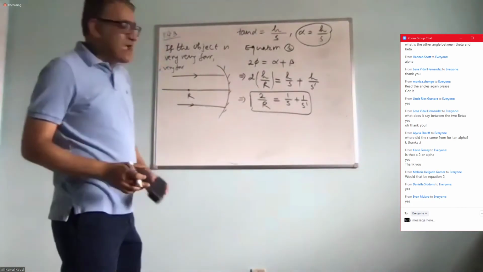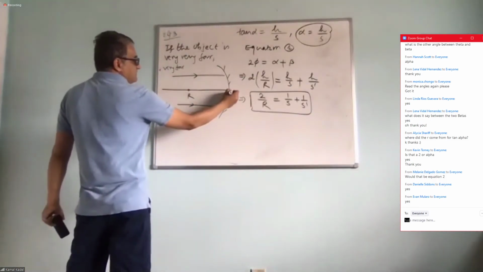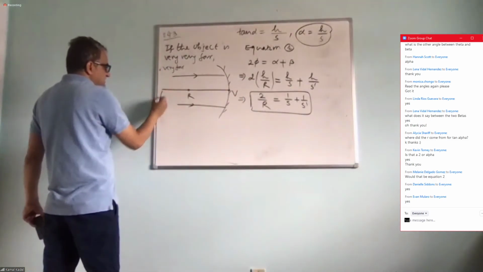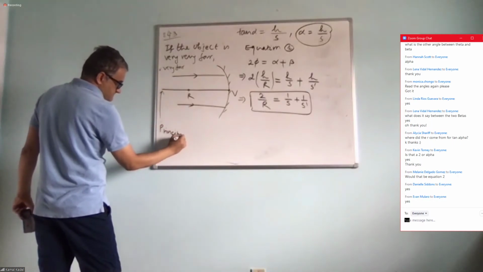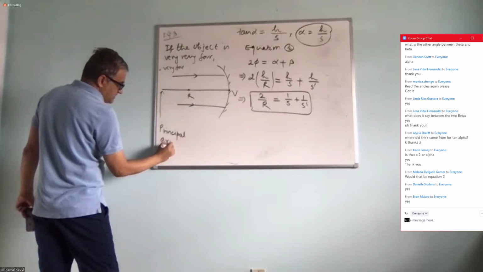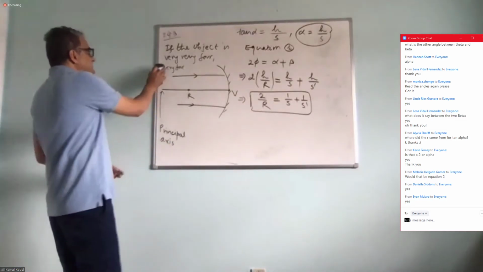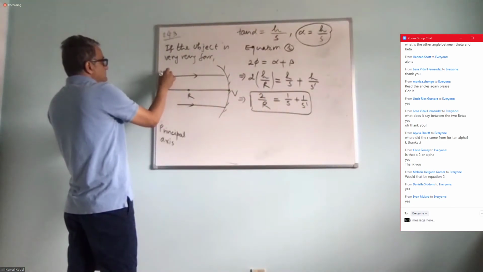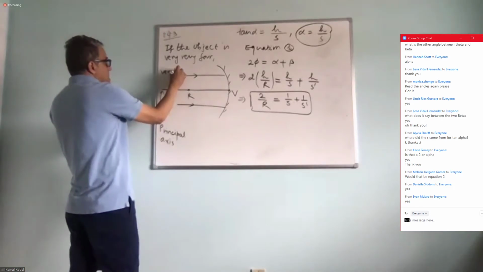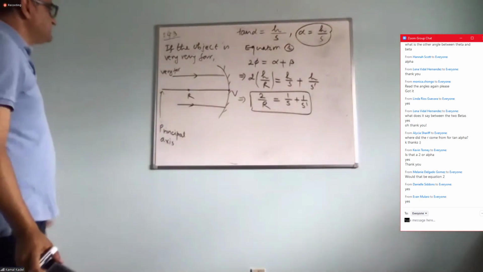By the way, I have not defined this. The line that we draw is called the principal axis.